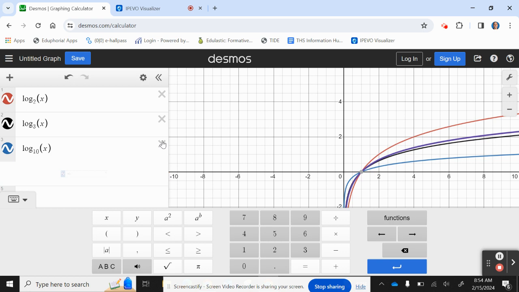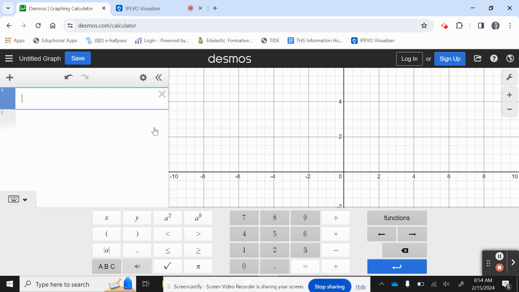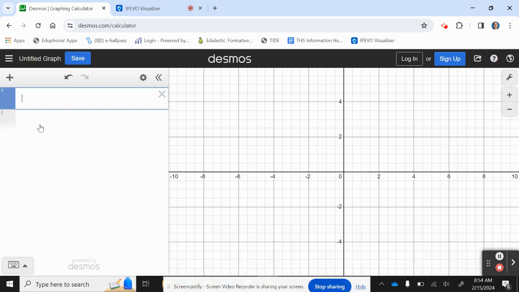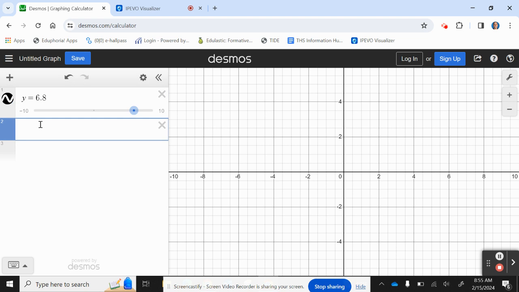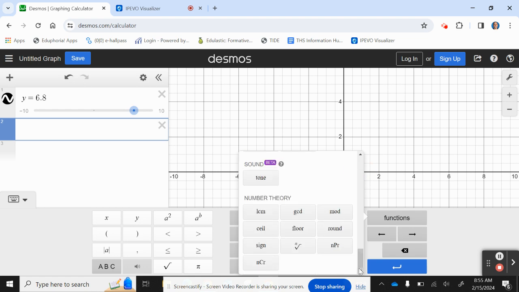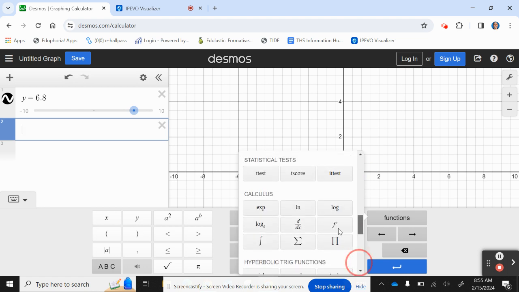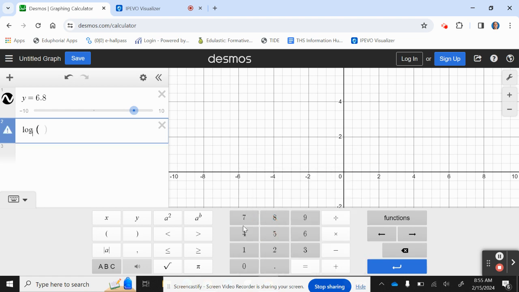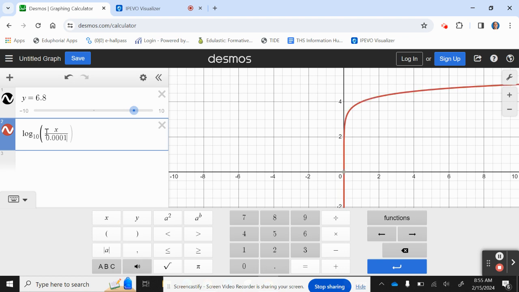Okay, so to do that, we're going to graph first y equals 6.8, and then we're going to graph the log equation. Okay.